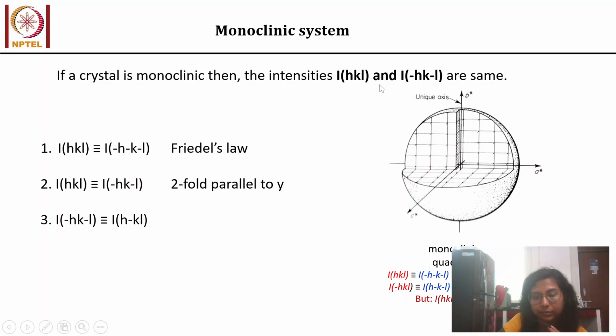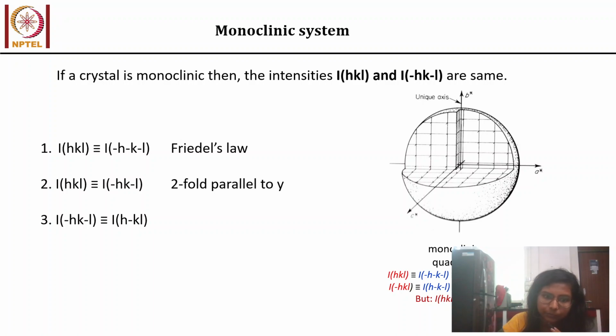Because of this added symmetry, what will happen? At first we have Friedel's law. Friedel's law states that IHKL is equal to I minus H minus K minus L. This means from our full sphere we are already reduced to one hemisphere of the Ewald sphere due to Friedel's law.